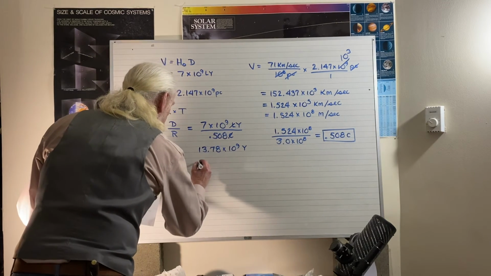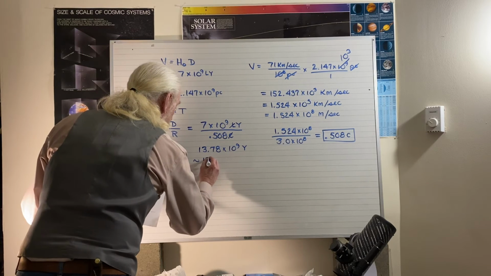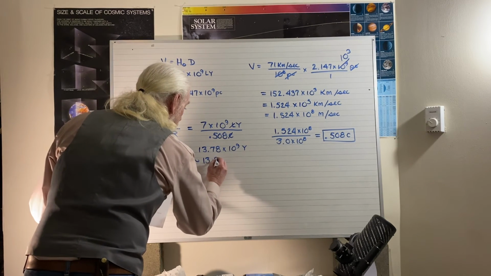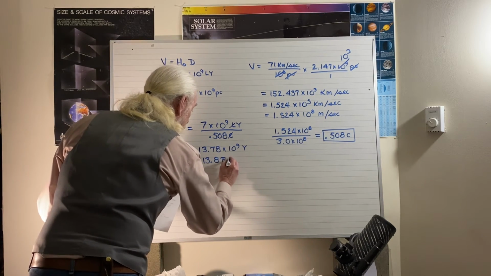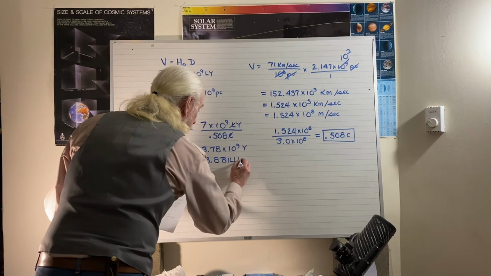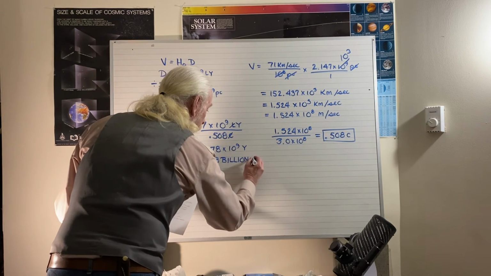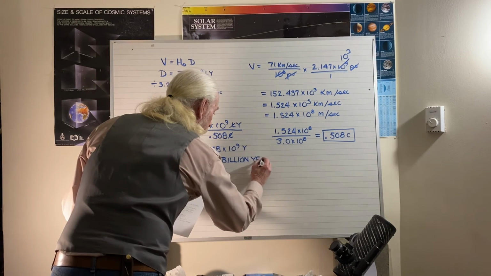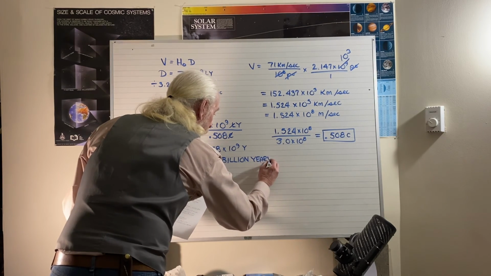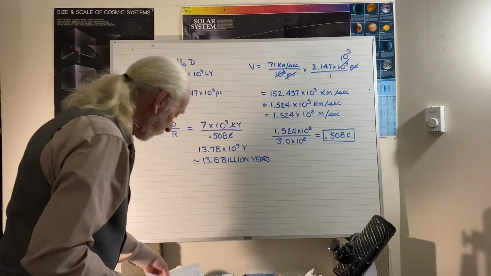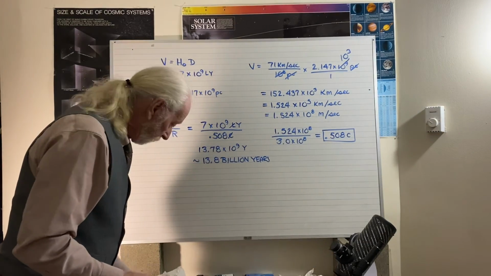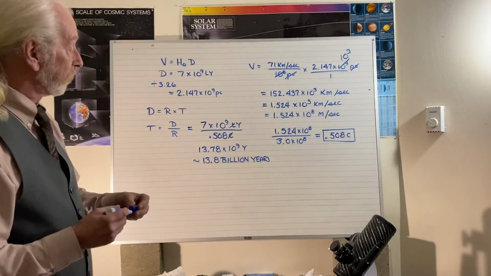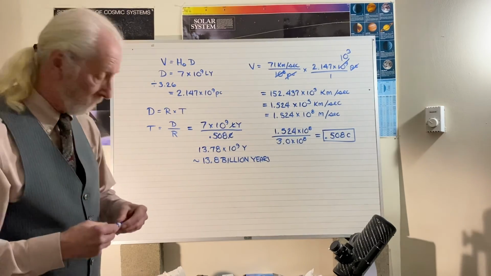In other words, roughly 13.8 billion years. Well, we've just calculated the age of the universe. Pretty neat, huh?